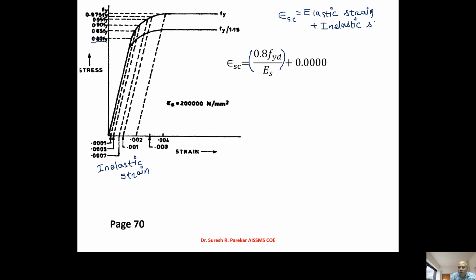Whatever is shown in the diagram is inelastic strain, and elastic strain we can find directly as stress upon modulus of elasticity. This is elastic strain, and this we have taken from the stress strain diagram, which is inelastic strain.